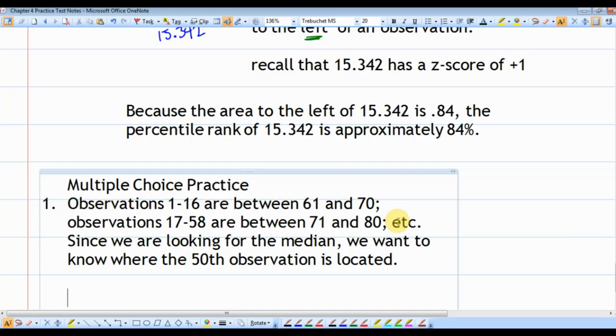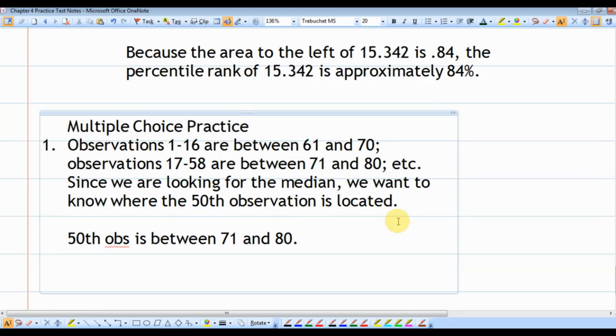The 50th observation is between 71 and 80. We don't have to know exactly what it is, we just need to know where it is. Questions on that? I hope that was easy.